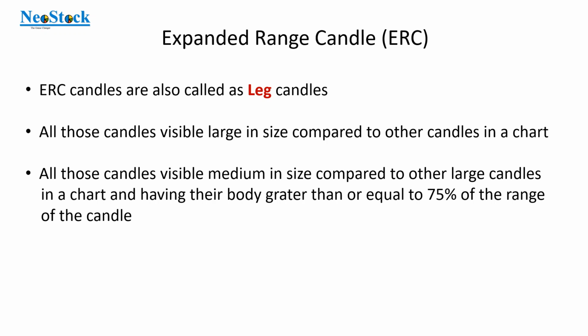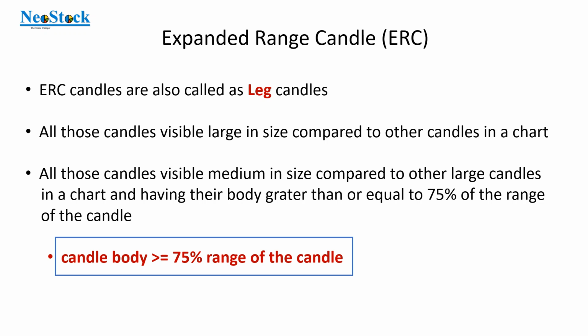I hope you read the point. Now let me explain this entire point in a simple way with a small formula. If the candle body is greater than or equal to 75% of the range of the candle, what does it mean? When you are comparing the range of the candle with the body of the candle, you are comparing the length of the body with the entire length of the range.